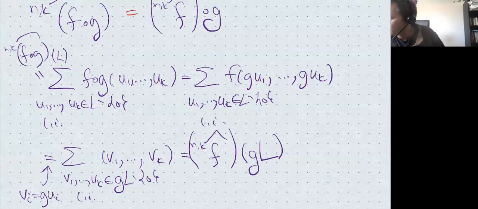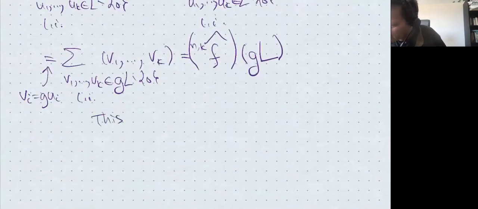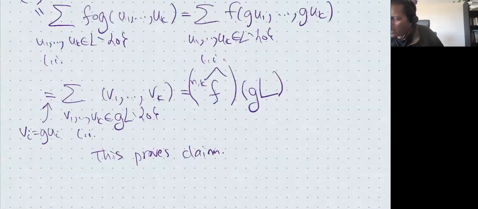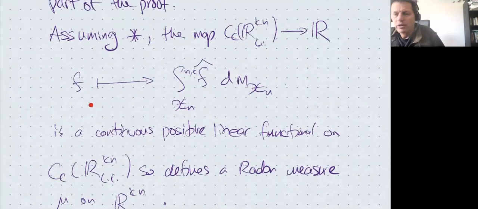I'm going to take just a few extra minutes to finish this discussion before we take a break. So I've proved to you this claim. From the claim, it follows that the measure mu that we've defined through this Riesz representation theorem and this formula is going to be an SLNR invariant measure.